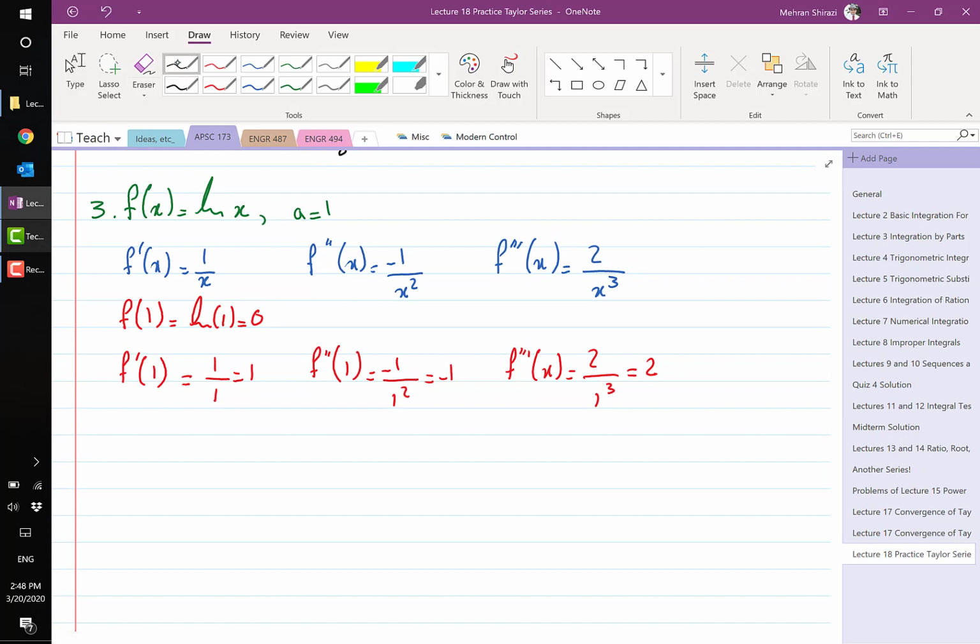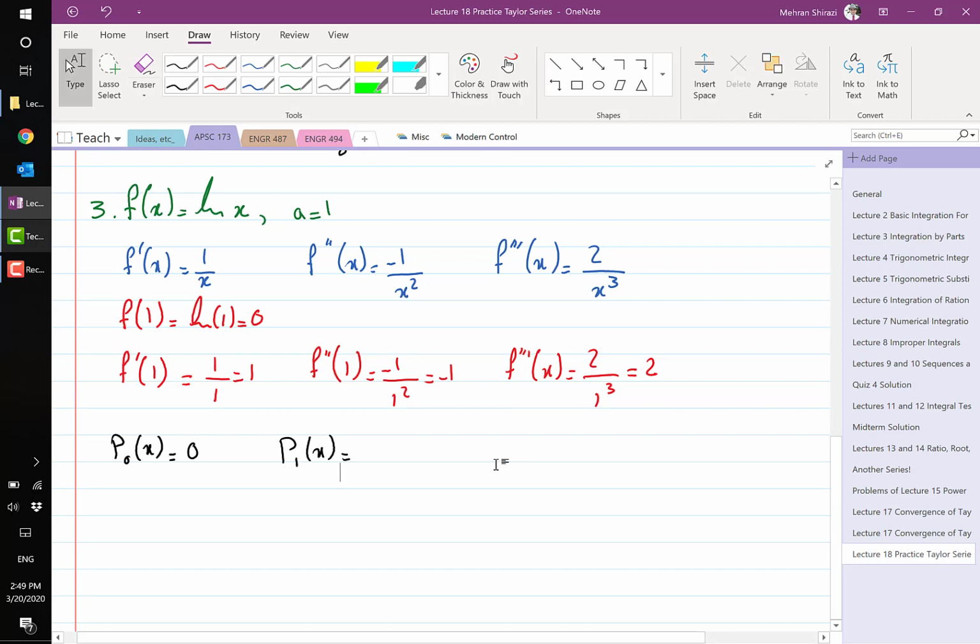Again, like before, p0 is simply f of 1, which is 0. p1 is 0, I don't repeat the 0.